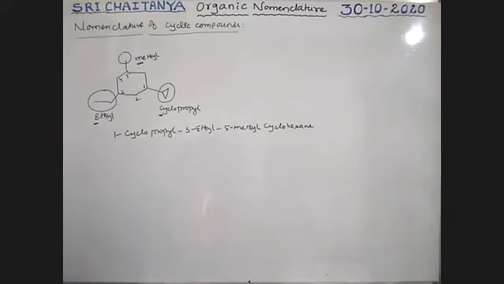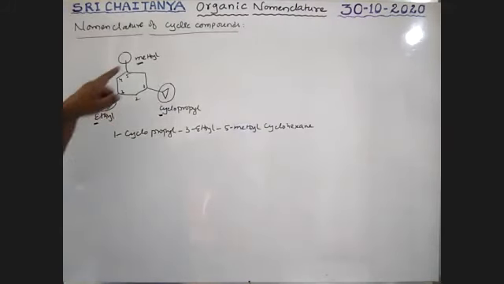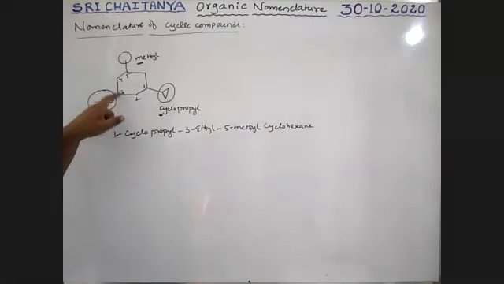So Sandeep, please put down your hand, at last we will discuss. So 1-cyclopropyl, 3-ethyl, 5-methyl, cyclohexane. By the alphabet condition C, E, M, the first letter gets the lowest number and the last gets the highest number. So 1, 3, 5. Okay. Next.